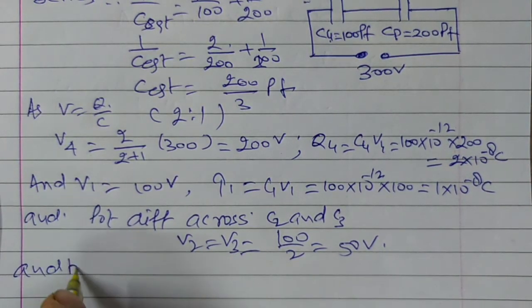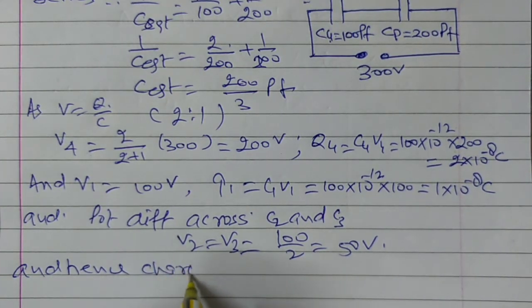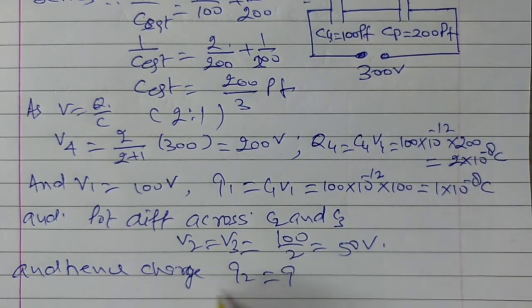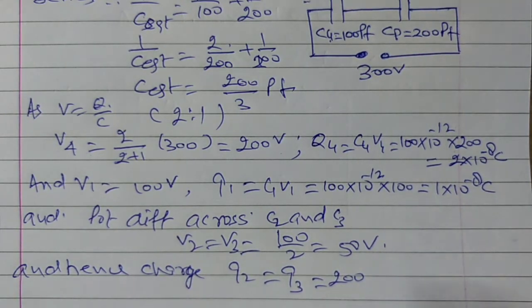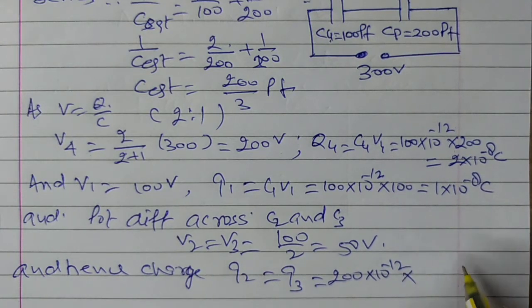And hence, the charge across C2 and C3, Q2 is equal to Q3 is equal to C into V. As you know, Q is equal to C into V. C is equal to 200 picofarad, and V is equal to 50 volt.